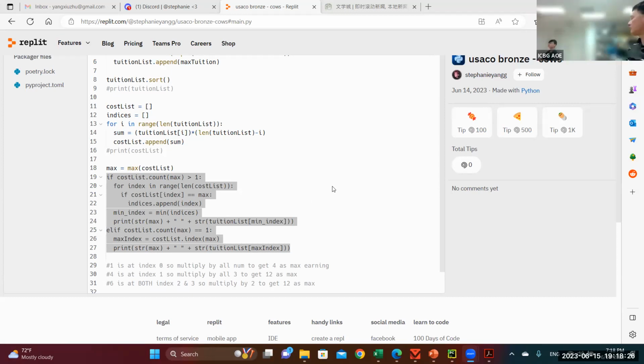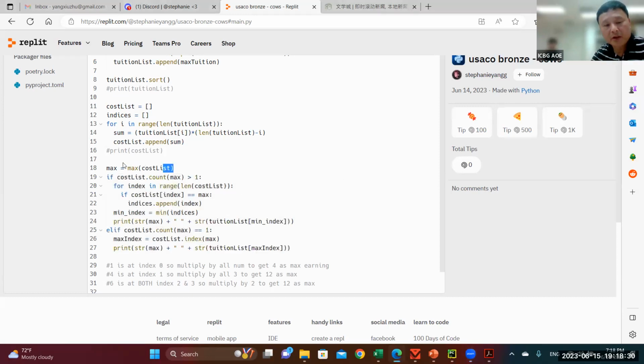So actually for Stephanie, when we get to this one, we already get the maximum income that we can get. So the only thing you do not get is which cost, so what is the number, right? Does that make sense? So you already get that. So what is the purpose for this one?